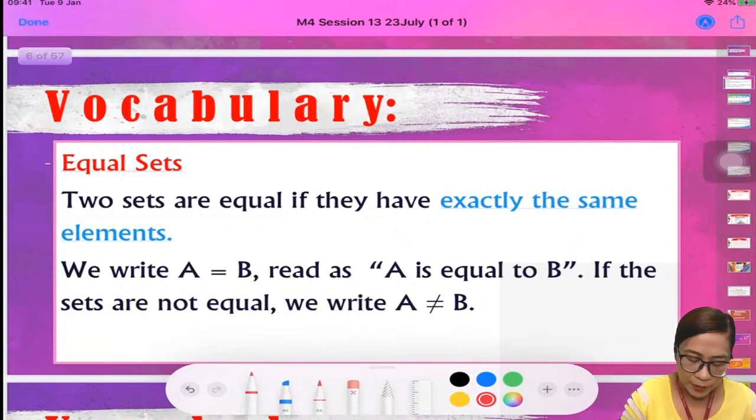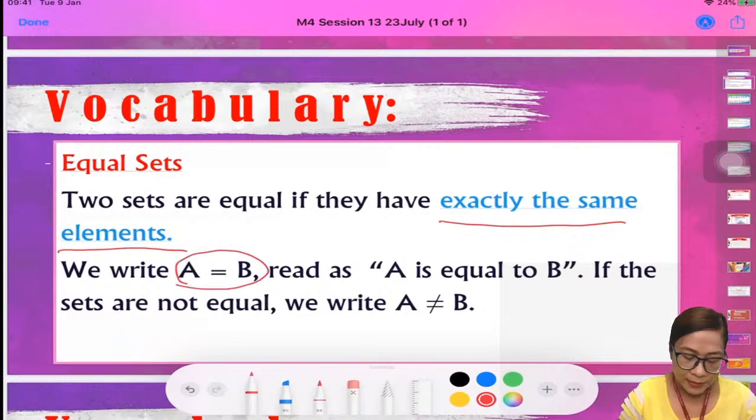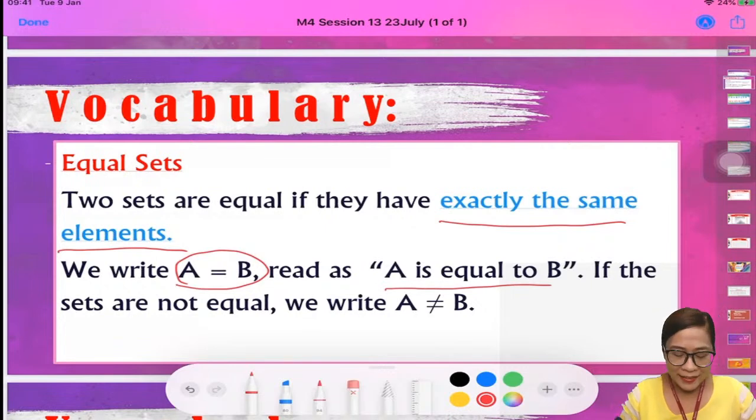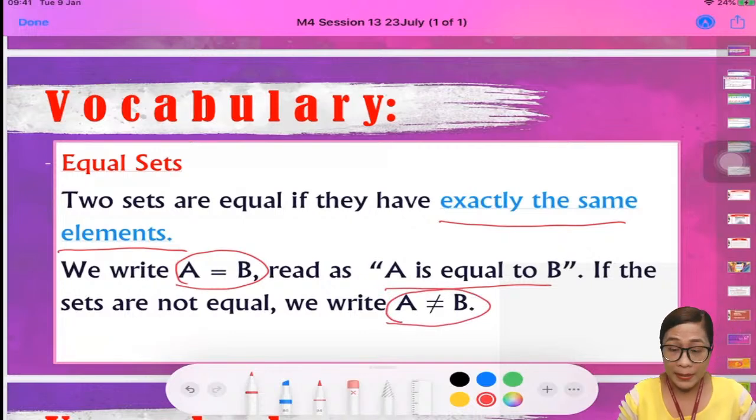So you have to take note of these words, exactly the same elements. We write A is equal to B. If the sets are not equal, then we write A is not equal to B.